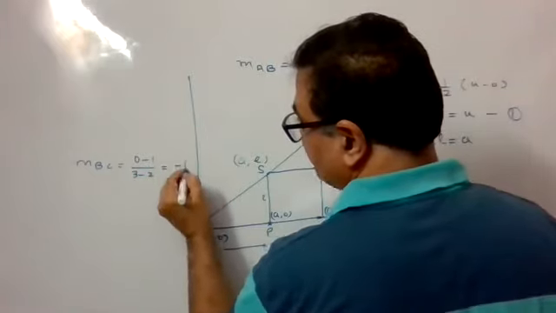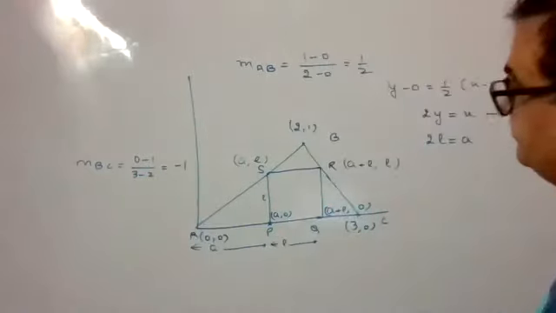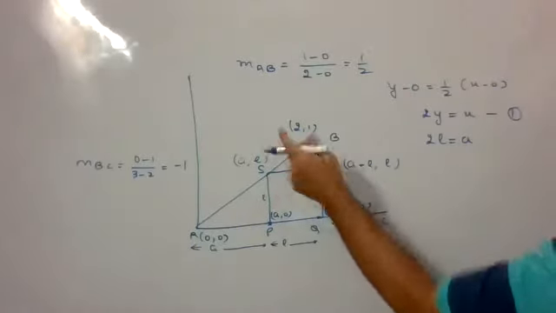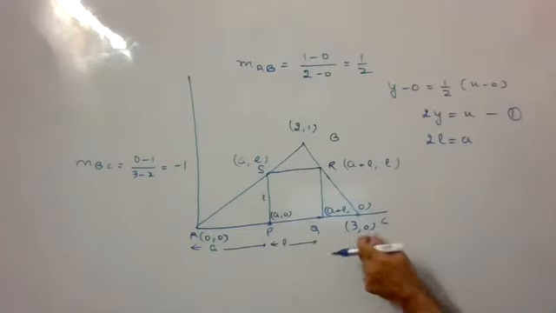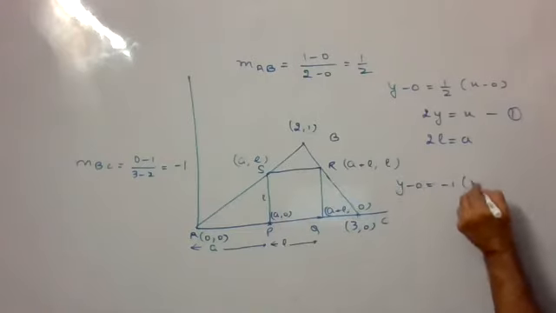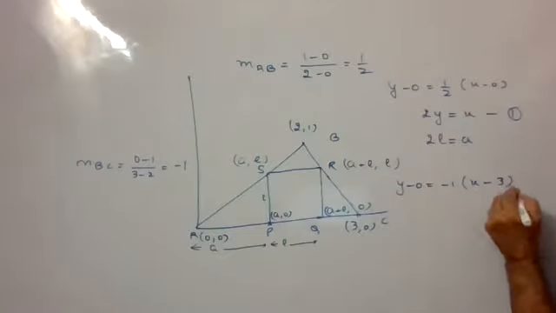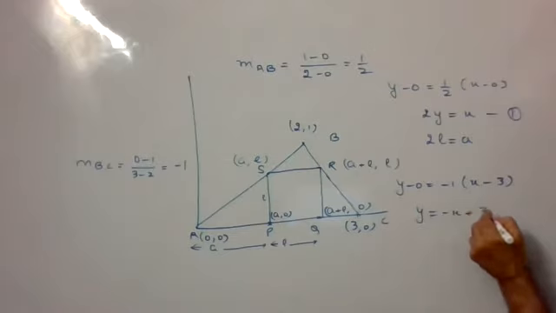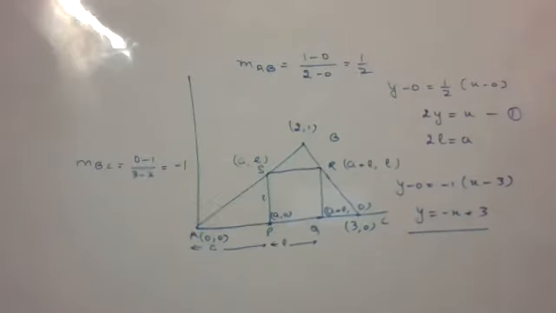That will be minus 1. Then what is the equation of this line? You can take this point, whichever you want. Y minus 0 will be minus 1 times x minus 3. So I got y is equal to minus x plus 3, or x plus y comes out to be 3.